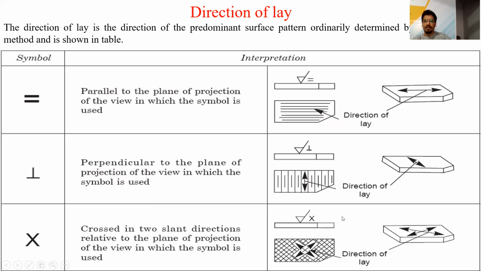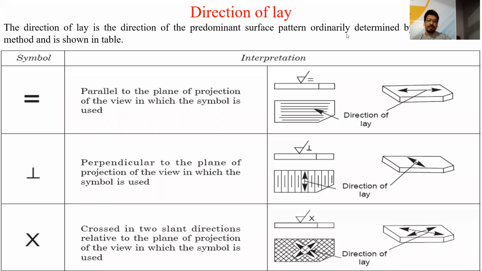In the knurling process, the tool is like this. The tool will move like this and will give you a shape like this. So this is the example of cross lay.